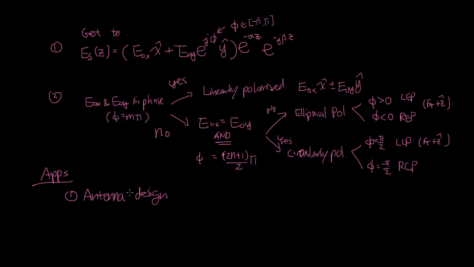So if it turns out that there's a mismatch, then you end up getting polarization losses. So, for example, if you have a linear antenna, so it captures things that are polarized in the x direction. So let's just say you have a linearly polarized x antenna.